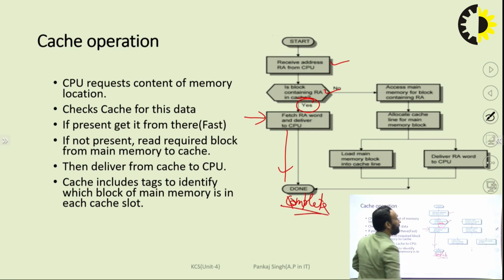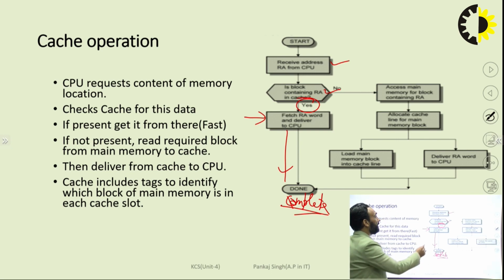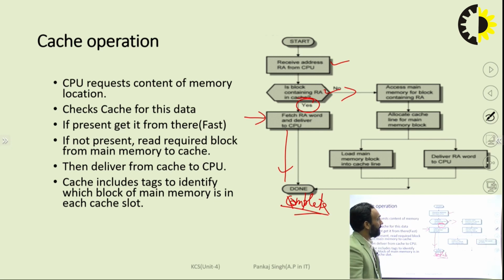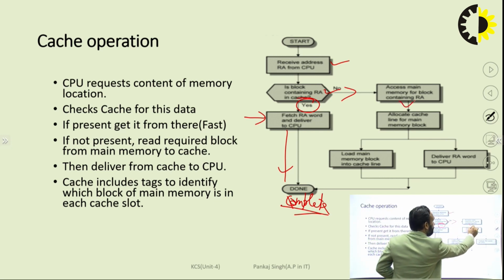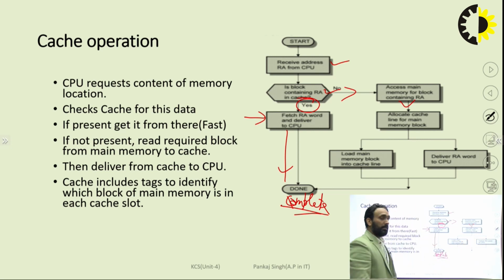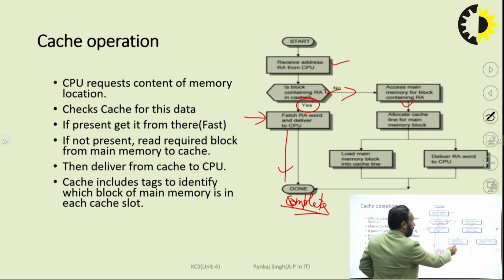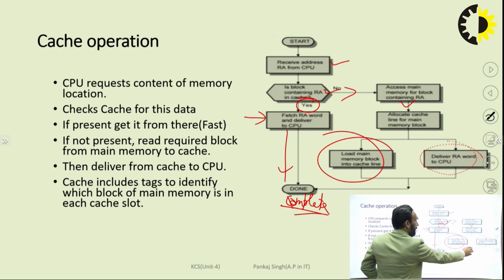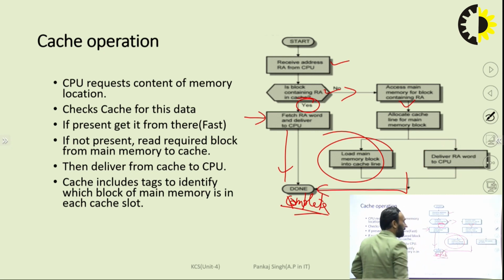The problem arises when the specific word is not available in the cache memory. Then it will be found in the main memory: read the content, allocate a cache line for the main memory block, store the address, load the main memory block into the cache line, and deliver the word to the CPU, and then the whole process is complete.